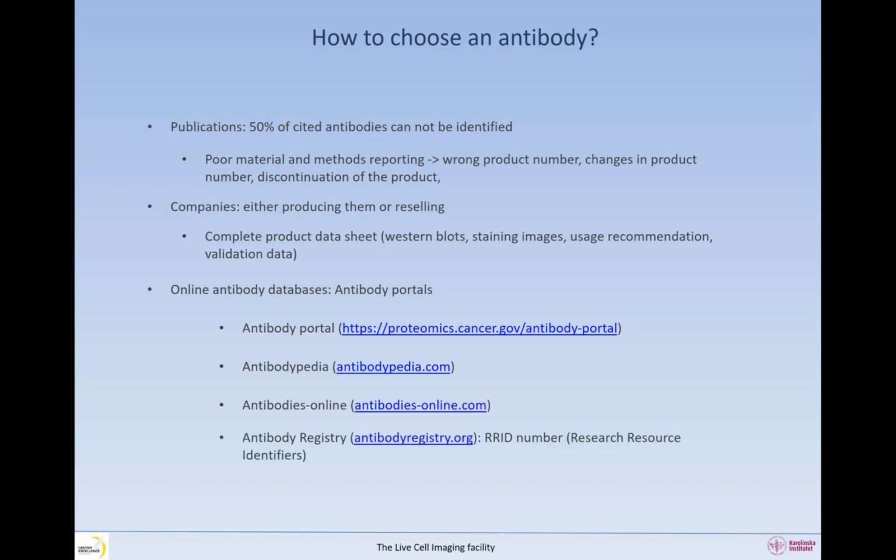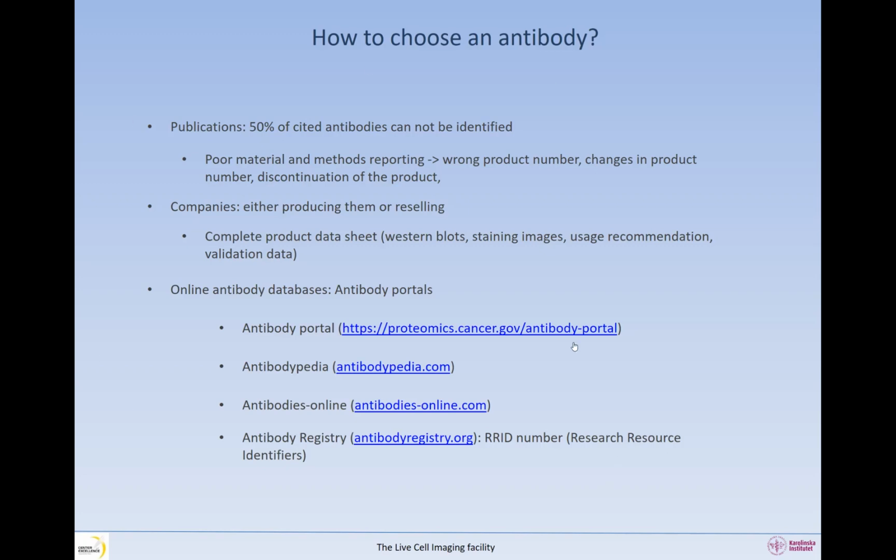We also have the Antibody Registry, which usually assigns an RRID number, a so-called research resource identifier, to the antibody. Then you can search in their database or find this number in a publication. You can go back to this registry and look up your antibody using this number, and you will get a lot of information, tips, who's selling it, pluses and minuses, and so on and so forth.